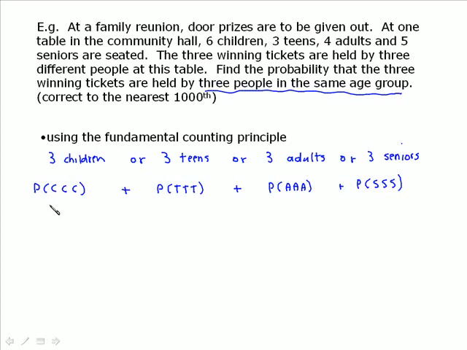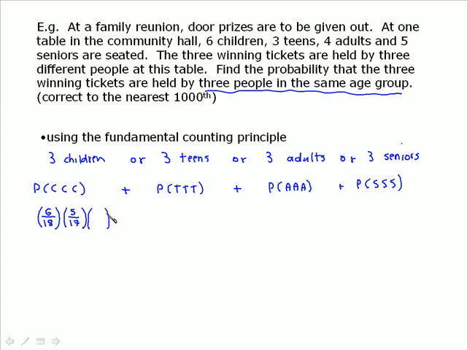Now the first draw, you have 6 plus 3 plus 4 plus 5 is 18 people. The probability of you getting a child on the first draw would actually be, there's 6 children, so 6 out of 18. The probability of getting a child on the second draw, well, there's 5 children left out of a total of 17.